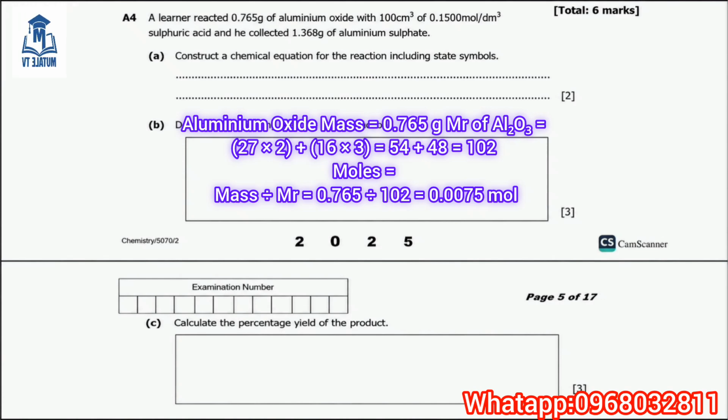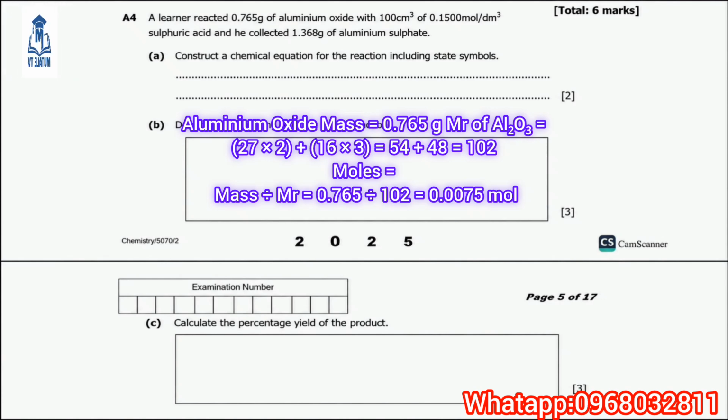To find it, we say 27 times 2 plus 16 times 3, which gives us 54 plus 48. The total gives us 102. So that is the molar mass of aluminum oxide.